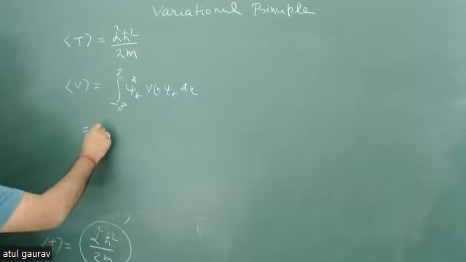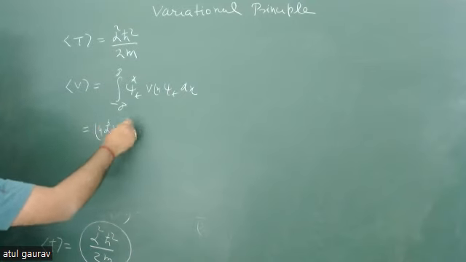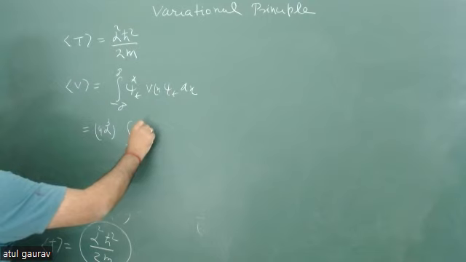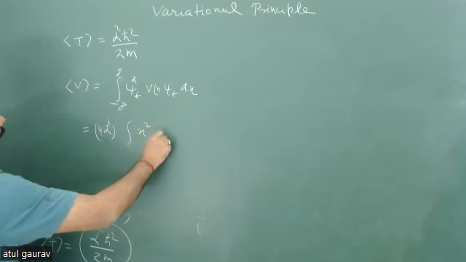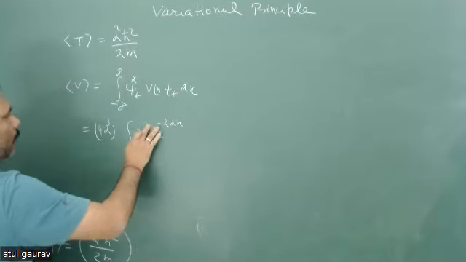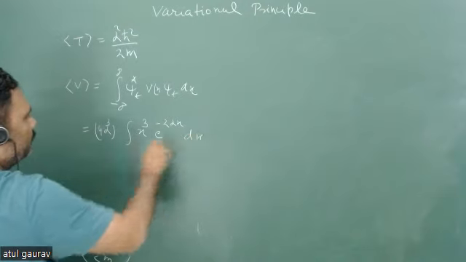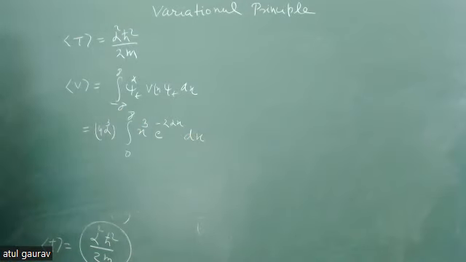And when you go for this, you again have 4 alpha cube and we have x square e to the power minus 2 alpha x into the potential, that is x, so x cube dx from 0 to infinity. Is that right?